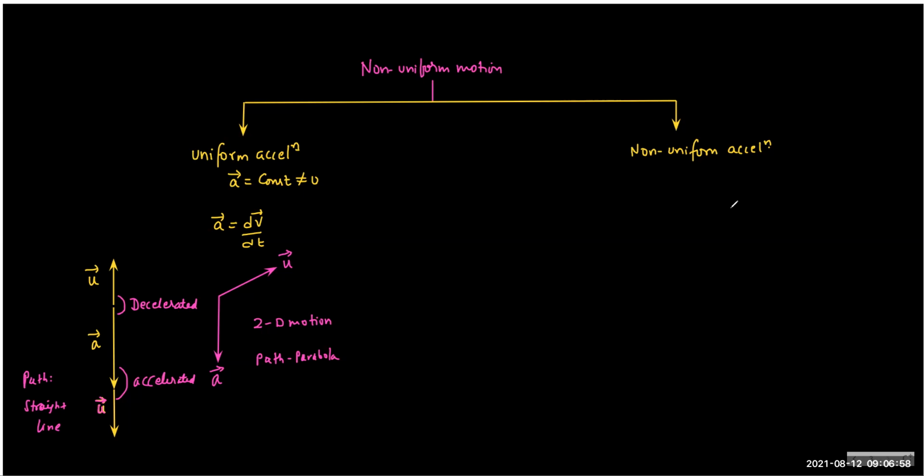The idea is that in non-uniform acceleration, although it's non-uniform, it should follow some mathematical equation, some mathematical function. I am believing that although I am saying the word non-uniform, it is following some mathematical function so that we can integrate. If it is really random, we cannot write any mathematical equation. So if acceleration is random, you cannot do anything.